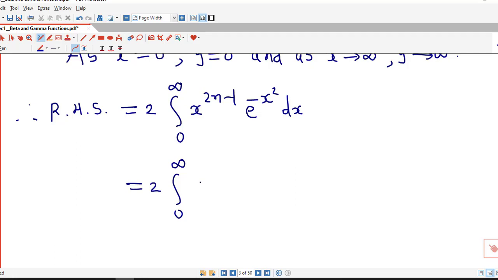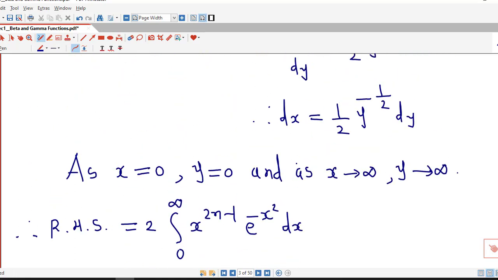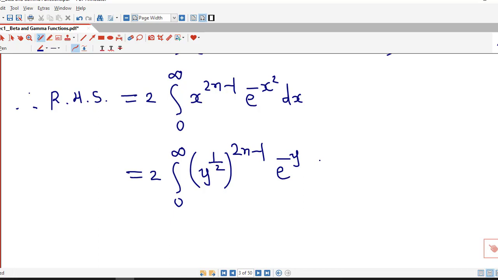So we have y raised to 1/2, to the power 2n minus 1, e raised to minus y, and dx is nothing but 1/2 y raised to minus 1/2 dy.